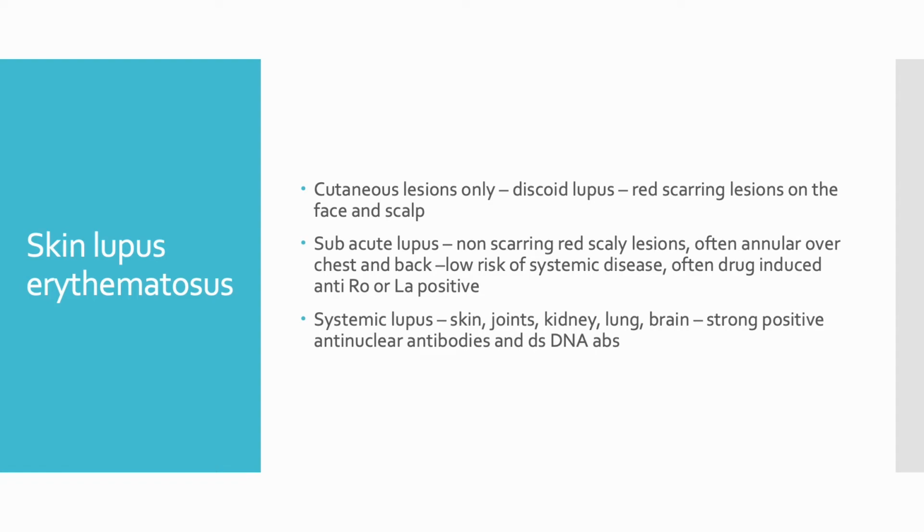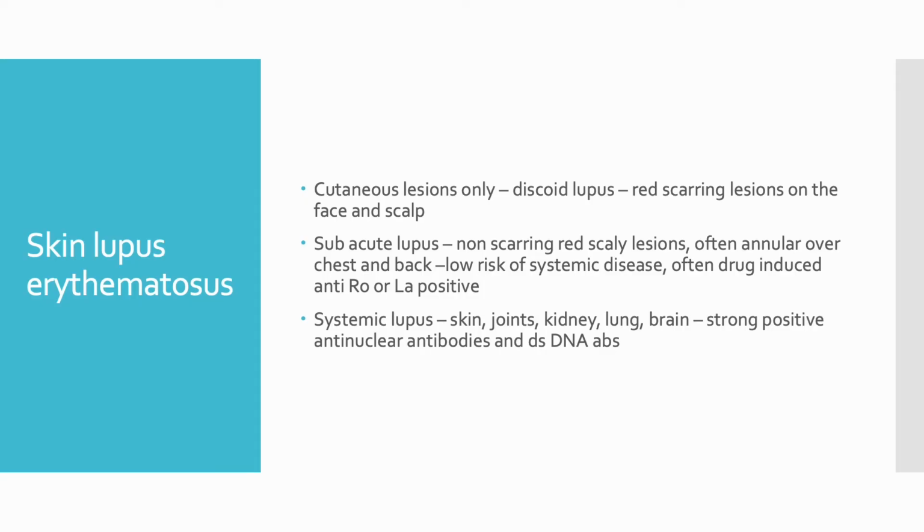So this tends to produce non-scarring red scaly lesions which are often annular, present over the chest and back. Again, there's a relatively low risk of systemic disease, but the condition is often drug-induced, and affected individuals often have antibodies directed towards anti-Ro and anti-La.